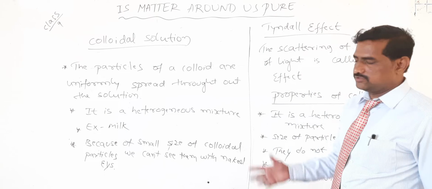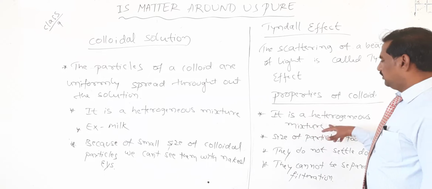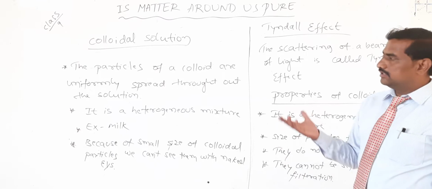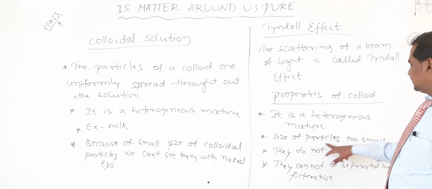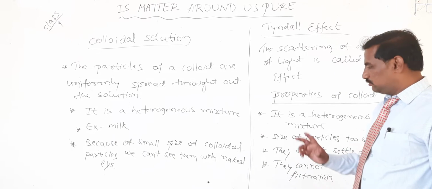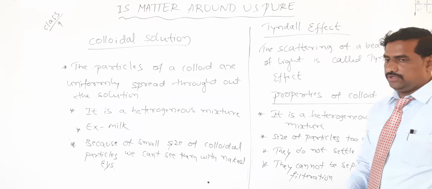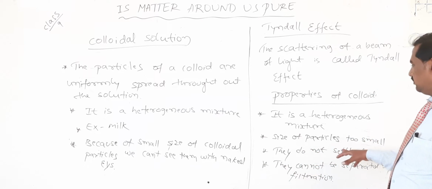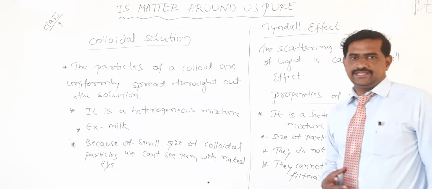The next properties: what are the properties of colloids? It is a heterogeneous mixture. The size of the particles is too small, so they do not settle down and we can't see them with our naked eyes.